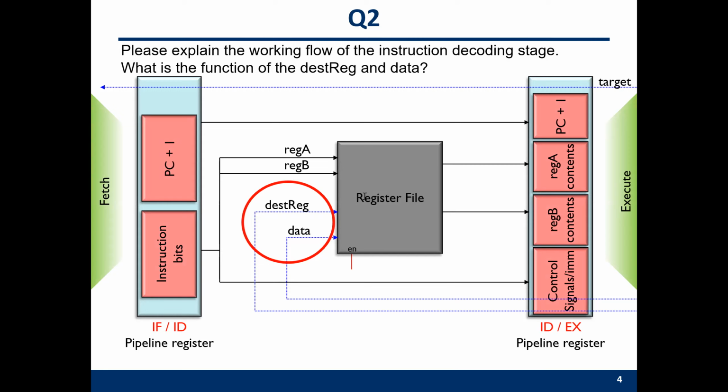So the destination register is C. For example, the result of C is 10, and this is the data. So the name of register C is the destination register, and the value of C is the data.